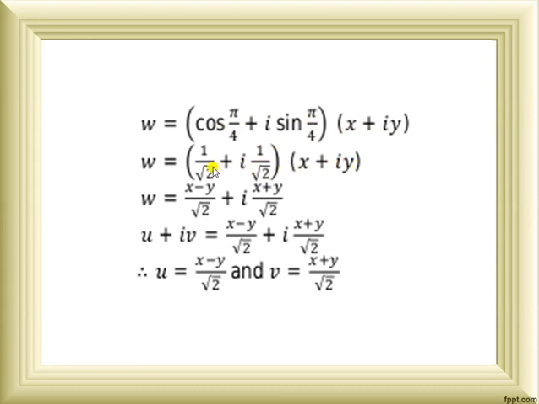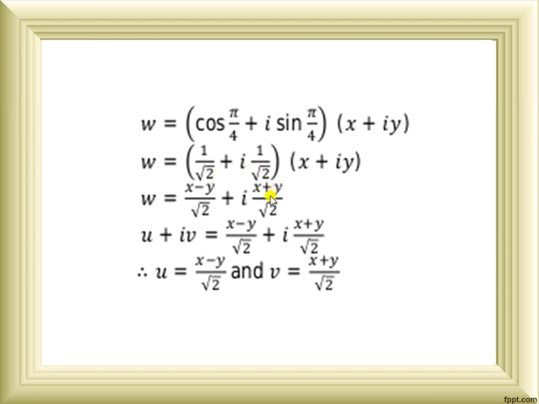After multiplying these two, the real and imaginary parts are: x into 1 by root 2, and i into i is minus 1, so minus 1 by root 2 into y. Therefore (x minus y) by root 2 is the real part. While multiplying iy with 1 by root 2, and x with i by root 2, we get i times (x plus y) by root 2.